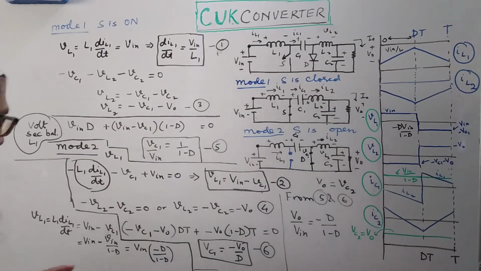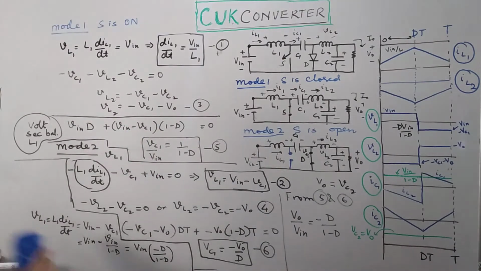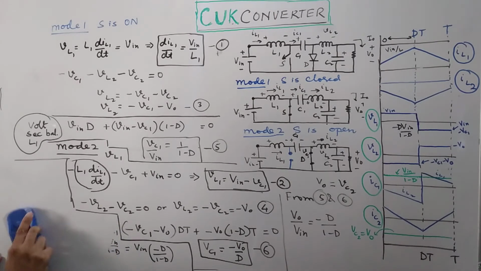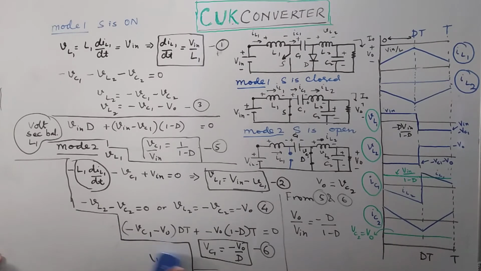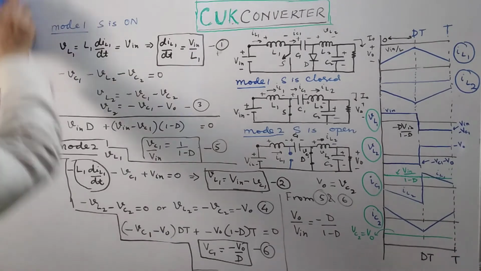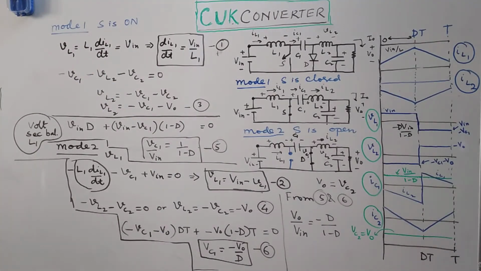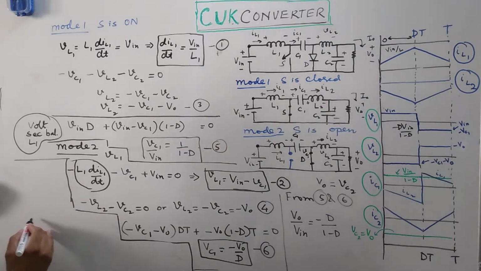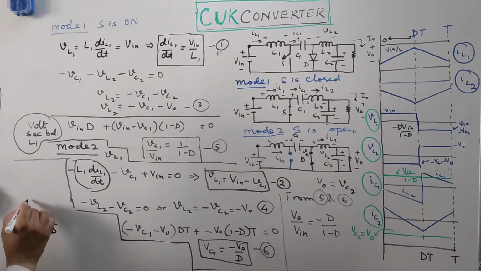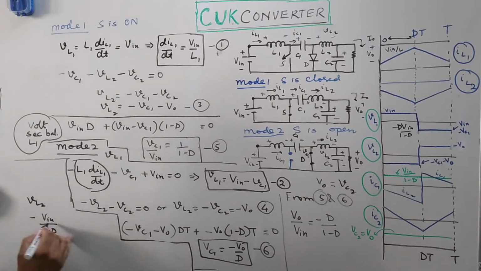Let me check it here. It is minus VC1, and minus VC1 is minus of Vin by 1 minus D. I am trying to find out VL2.